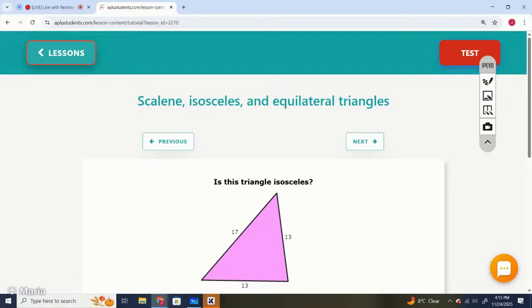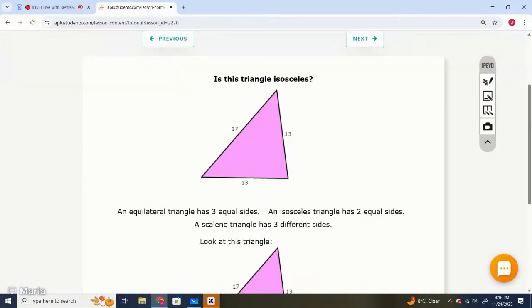Is this triangle isosceles? So now look at the sides of the triangle. An equilateral triangle is a triangle that has all three sides equal. Equi is related to the word equal. So if the triangle has all three sides equal, then that would be the equilateral triangle.